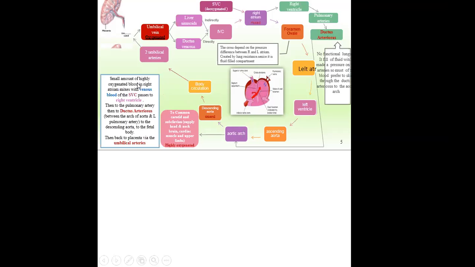Now we said that the inferior vena cava carries the highly oxygenated blood, and the poorly oxygenated blood is brought by the superior vena cava.